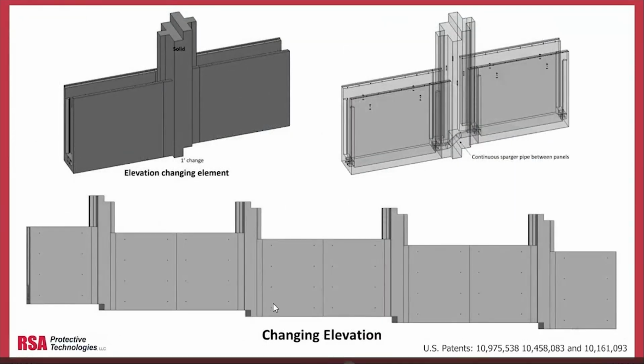We could go through changes of elevation by stepping the wall along the elevation, and there would be a special, what we call a monument here at each location, so that we can mount the walls and the seals would maintain a good seal in between. The sparger pipe system would step up along that edge.